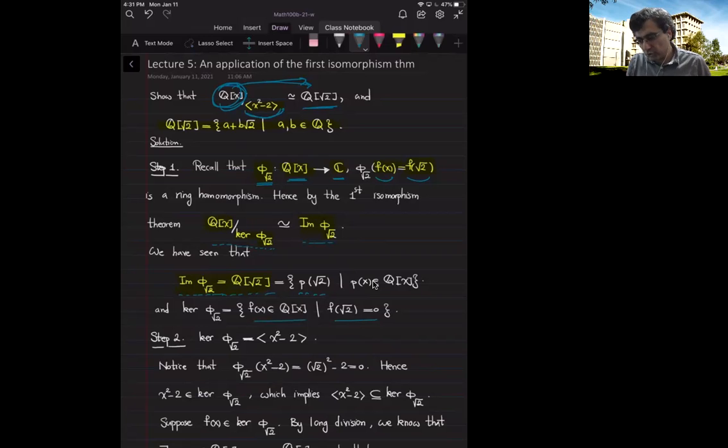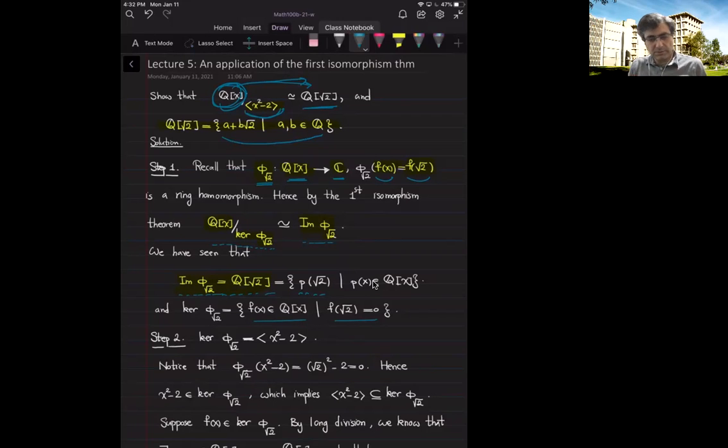We have to show that Q bracket root 2 is precisely a set, meaning we only need polynomials of degree at most 1 in order to get the entire image of this map. And second, the kernel is a principal ideal, and it is generated by the polynomial x squared minus 2.